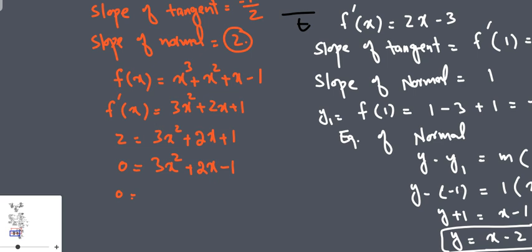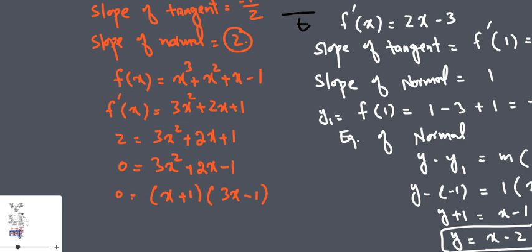So its factors will be negative 1 and 3. So they would be x minus 1 and 3x minus 1. No, minus 1 times negative 1 will become positive.